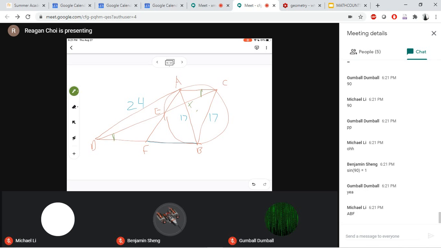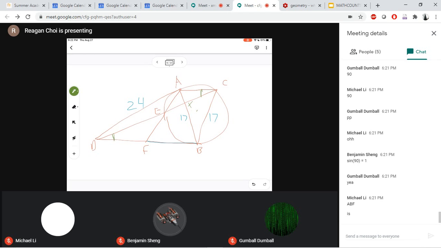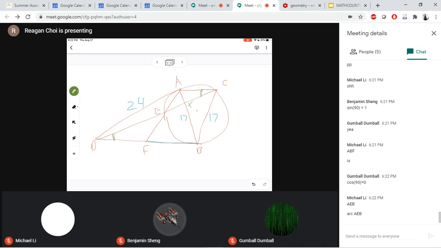Looks like Michael has a realization though. ABF? What? Oh, I see what you mean. AEB, yeah. So what he's saying is, since this is a tangent, then ABF must equal ACB.